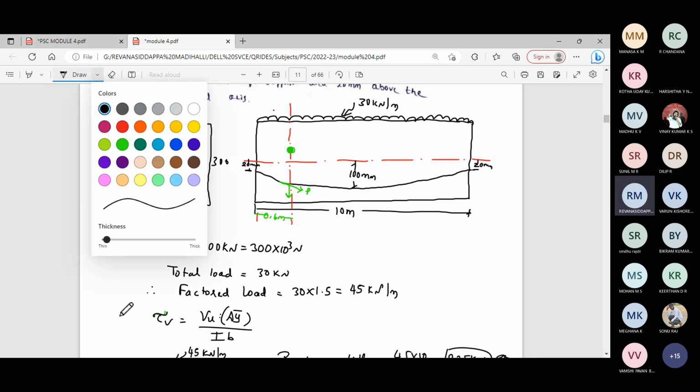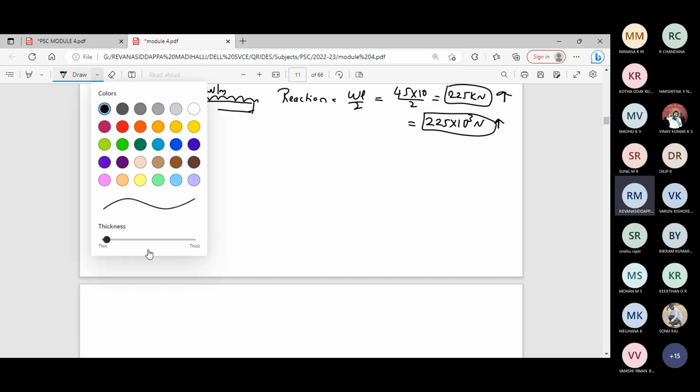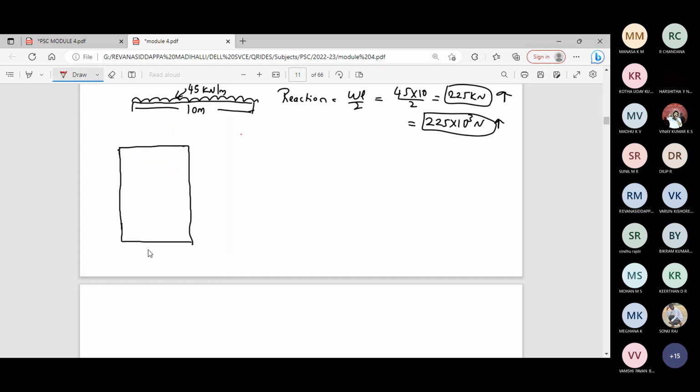First you write the figure, the cross section of the beam. Write the neutral axis, this is the neutral axis.